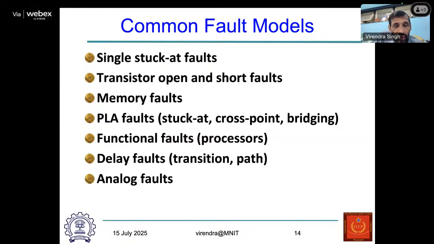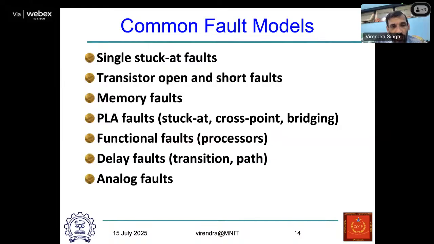If there's a memory element, one way to deal with it, because memory is also constructed using transistors, is this: you can say that back-to-back connected inverters make a memory cell.